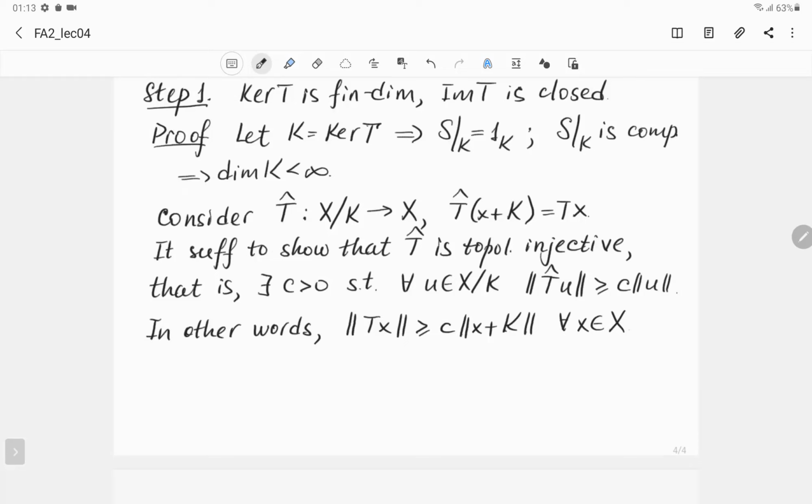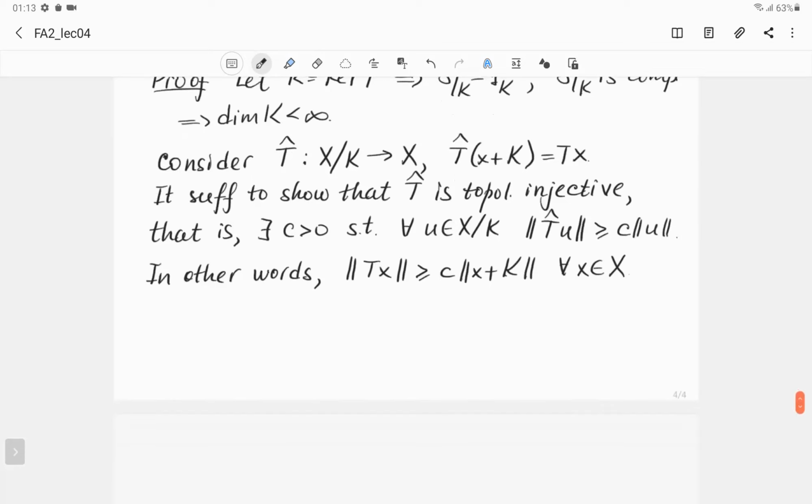Okay, let's suppose that this is not the case. Assume that there is no such C, and let's try to get a contradiction.